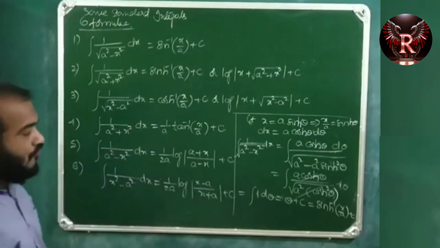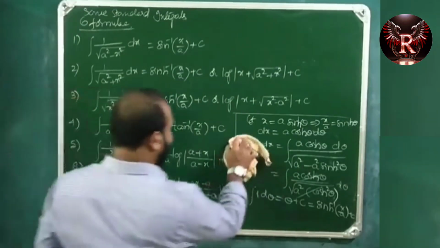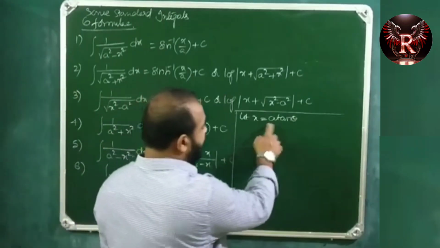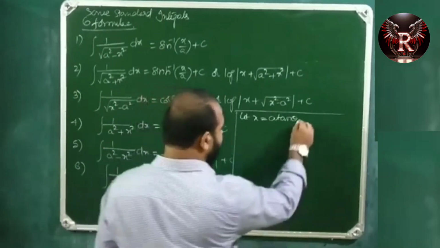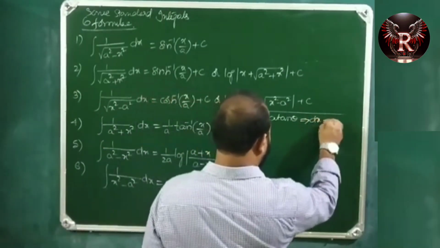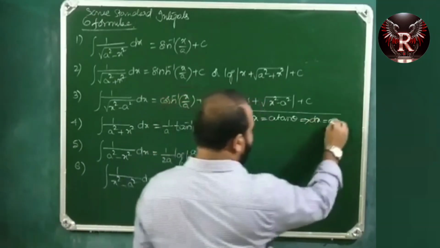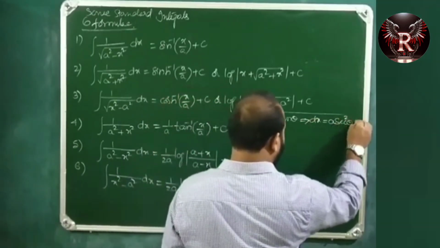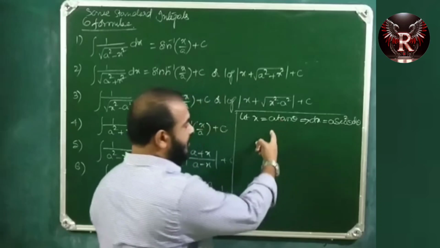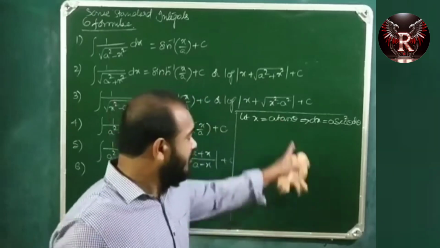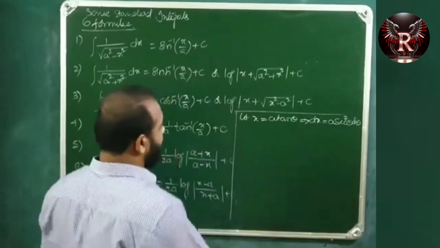As far as the fourth one is concerned, x is equal to a tan theta, and dx is equal to a secant square theta d theta, since the derivative of tan theta is secant square theta.